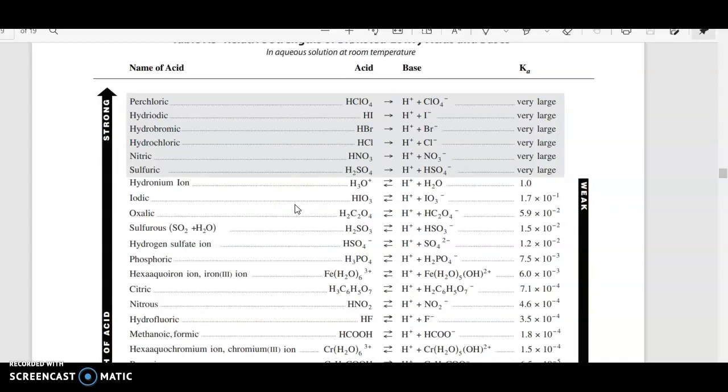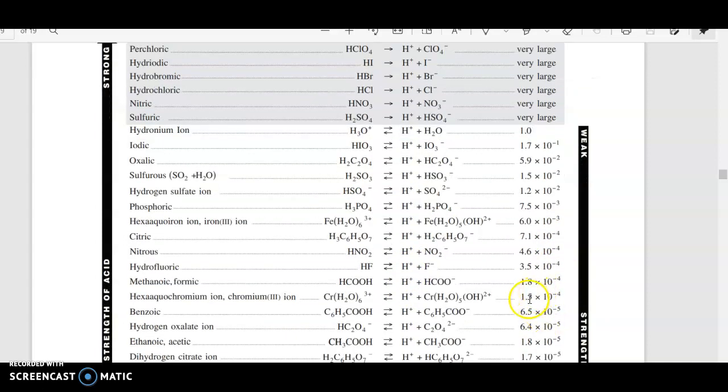We want to find something that has a value of 1 times 10 to the negative 4. There's nothing exactly 1 times 10 to the negative 4, but we have two options that are in between. We have 1.5 times 10 to the negative 4, or we have 6.5 times 10 to the negative 5. Those are the closest two numbers to what we want.